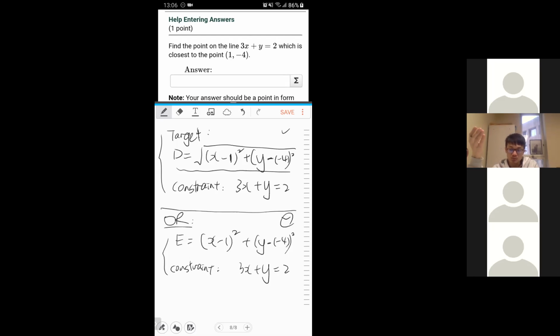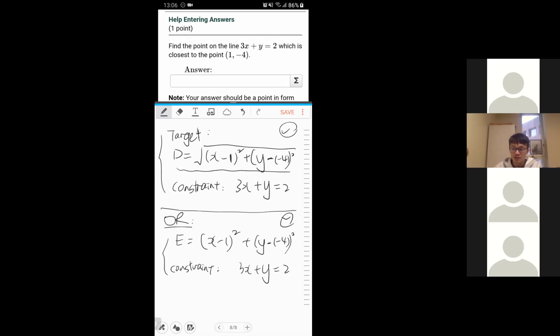Okay, it doesn't have a square root, which means it's easier to take the derivative. If you don't like this, you can also do the first one. The standard procedure is you use this constraint to isolate one variable and then plug that into your distance function and then take the derivative. But because it has the square root and also all the messy stuff inside, it's much harder to take the derivative of.